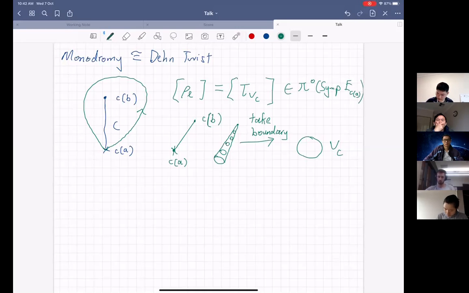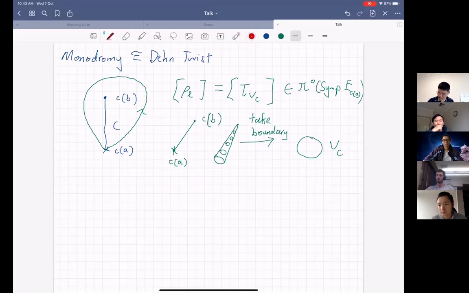So you go from E_c, the fiber of c, and then come back to E_{x}. Okay, this is what we did two weeks ago, in the paper of Seidel, a long exact sequence, I can't remember. Okay, any questions? No. Nope.